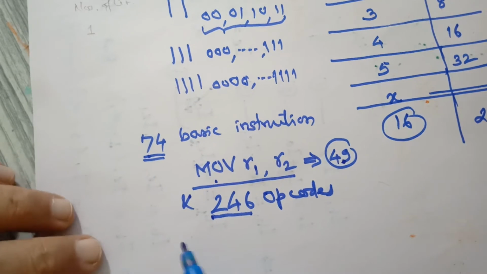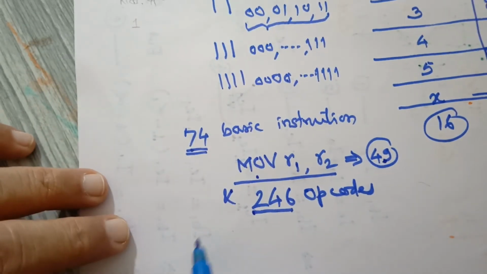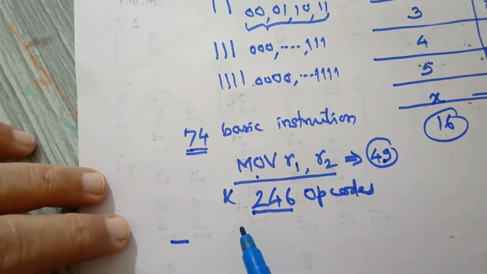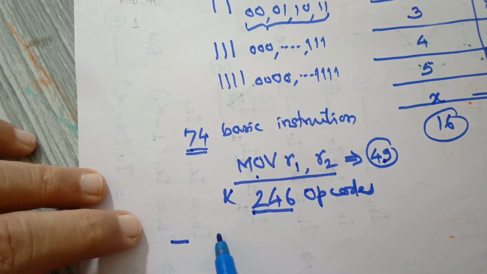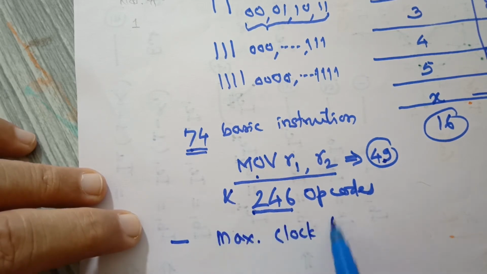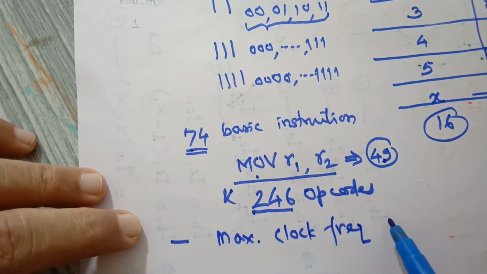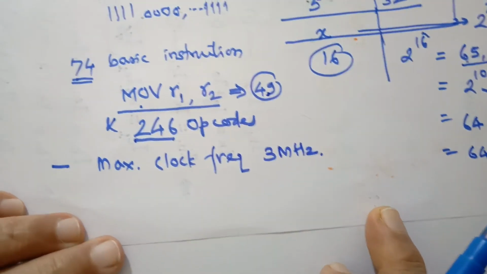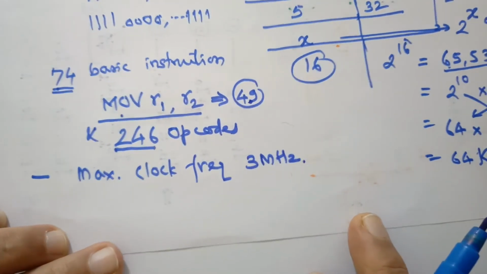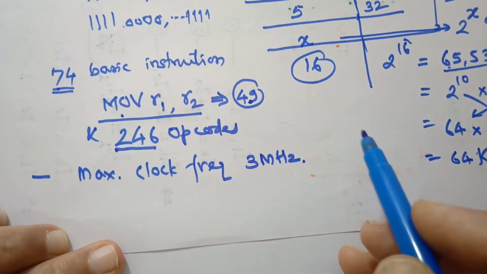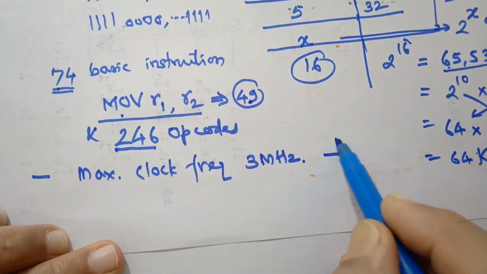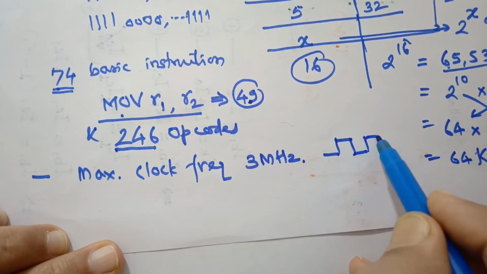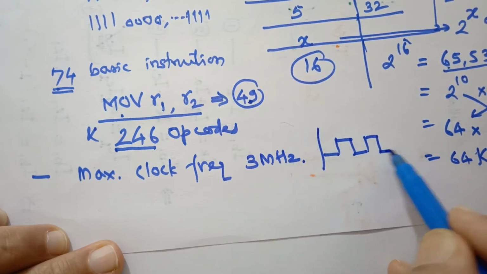Then about its speed, the maximum clock frequency is 3 megahertz. In the last session we have seen that a microprocessor-based system has a common time base, and it operates on T states, right?